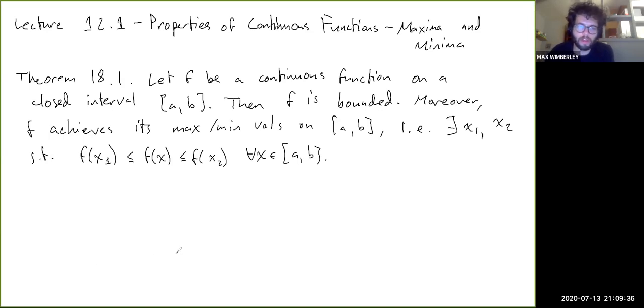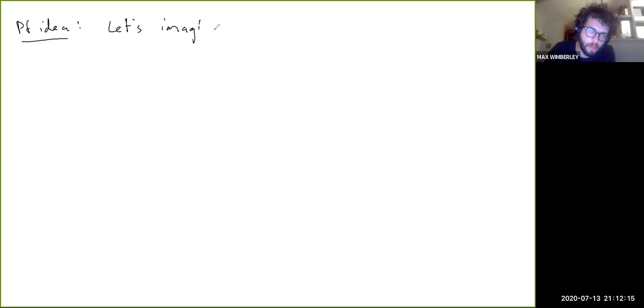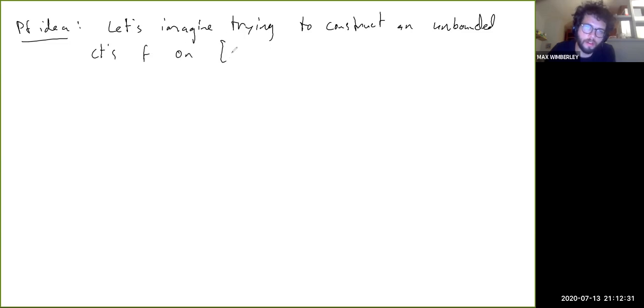So before we actually do the proof, I just want to sketch the idea for you. I decided I needed a new page for this, but I'm going to try to sketch the proof idea. Let's imagine trying to construct an unbounded continuous f on AB.